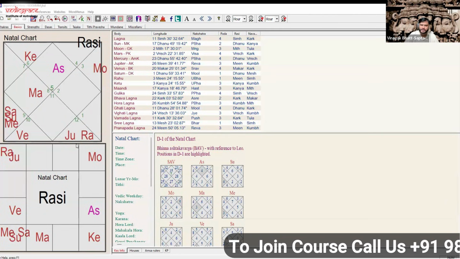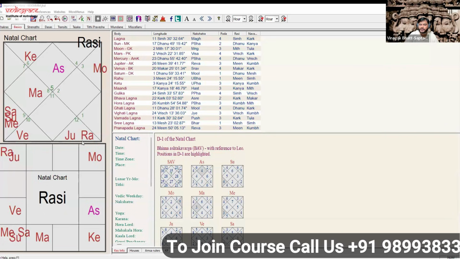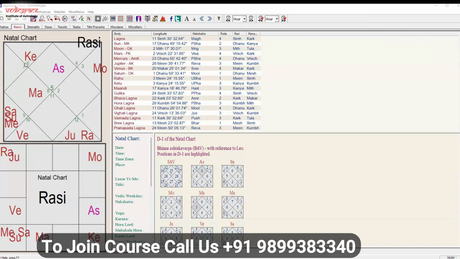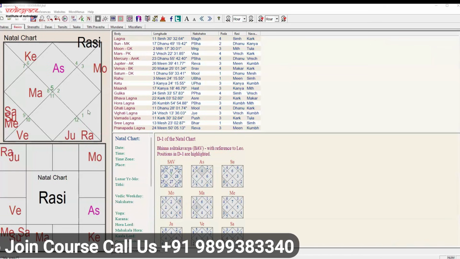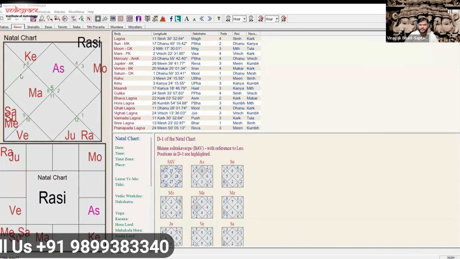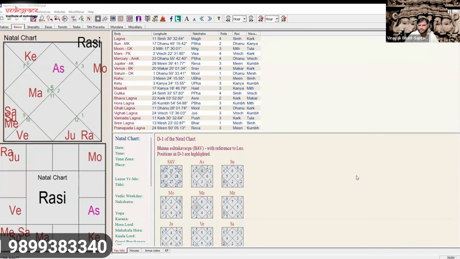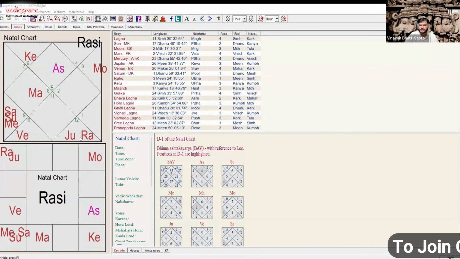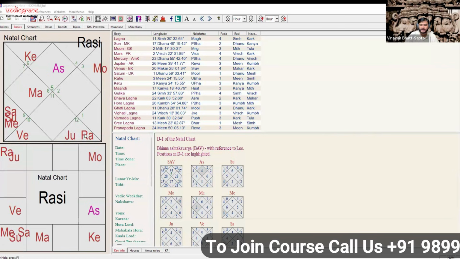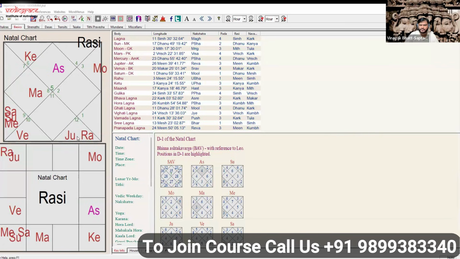Now we know that Kal Sarpa Yoga happens when all planets are in between Rahu and Ketu. Like in this case, you can see all planets, and let's say the Moon is also included here, somewhere in between Ketu and Rahu. This whole combination starts from Ketu and ends in Rahu, and all planets are in between them.